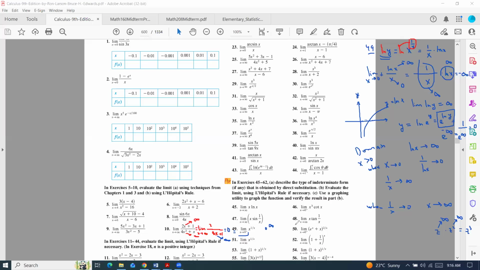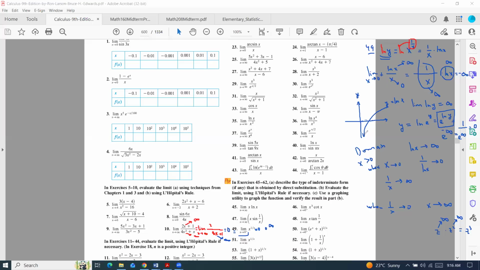So the answer for exercise number 49 is 0. Because of the negative sign. So infinity, but with a minus sign because it went down, right? It didn't go to the right. If it went to the right, yes, but it was approaching 0.